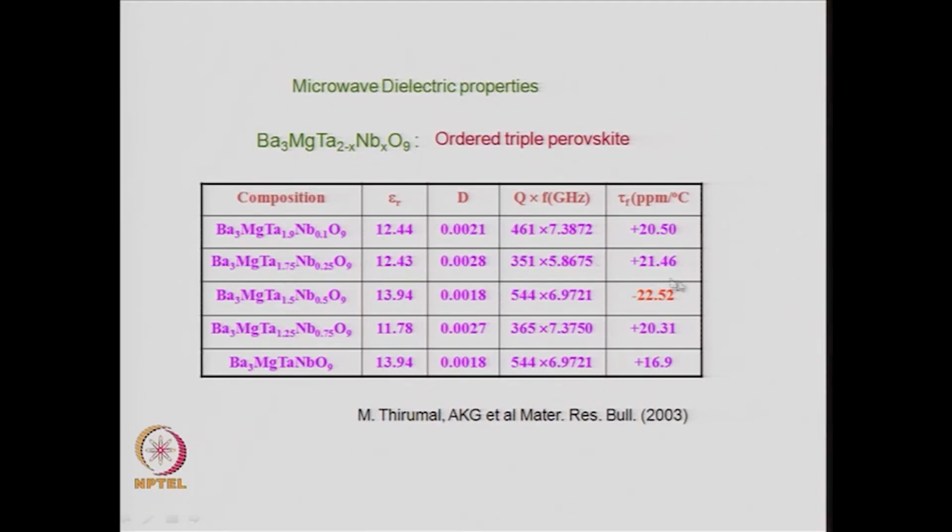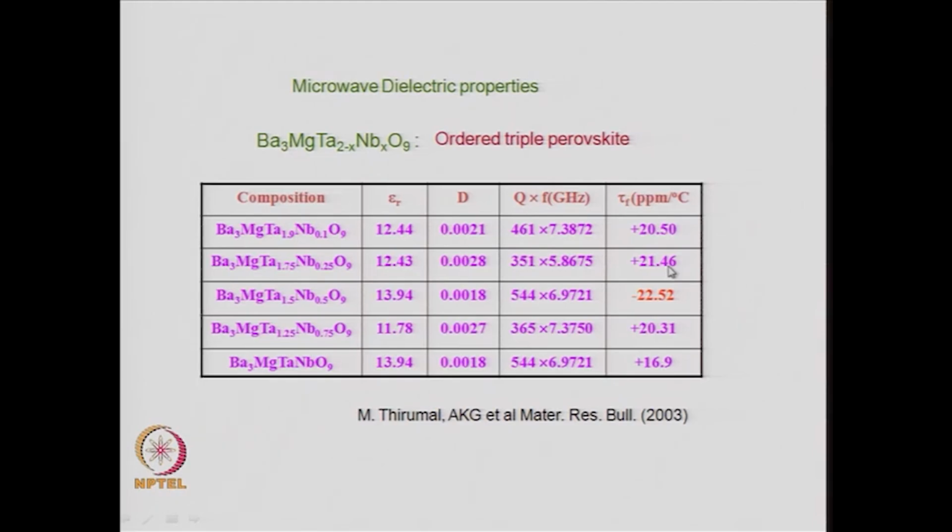That should be a very good material where you require tau f to be equal to 0, that is, the temperature coefficient of the resonant frequency is close to 0, and that can be achieved by adding equal amounts of this and this, or even this and this. So, this composition 1.5, 0.5, if you co-dope with any one of the other two, it should give you better results than taking one of them alone.